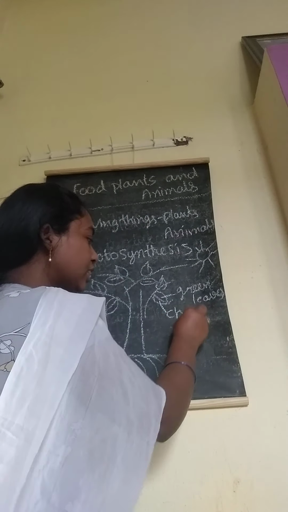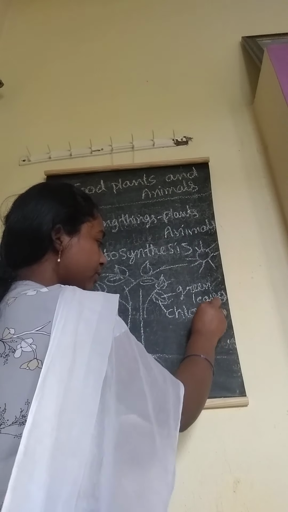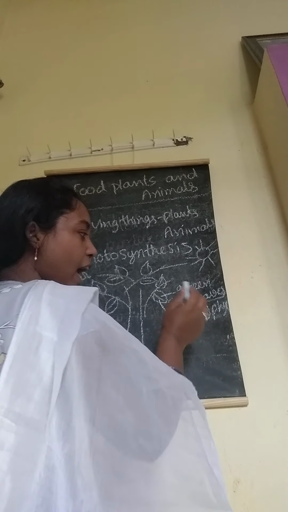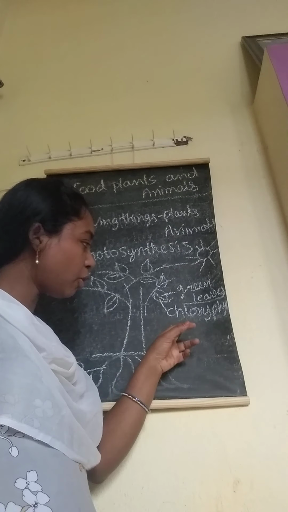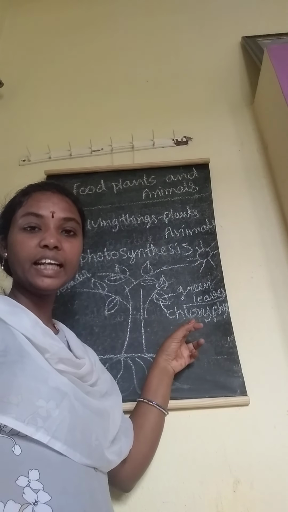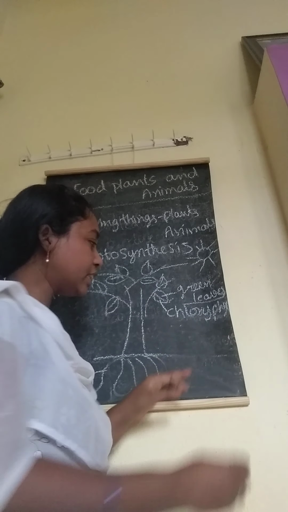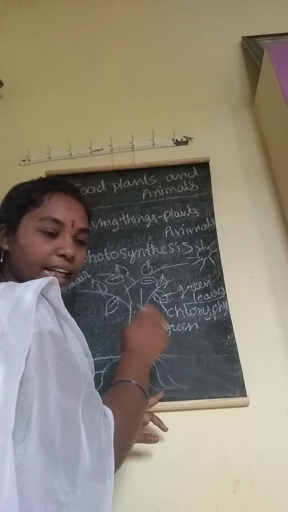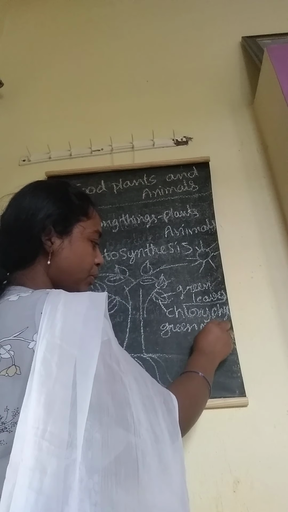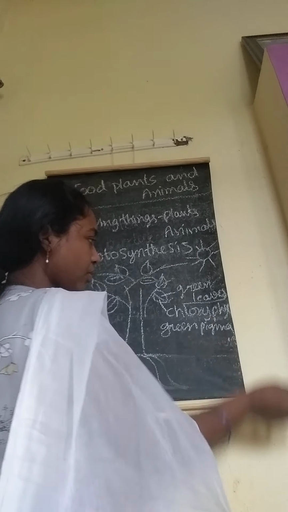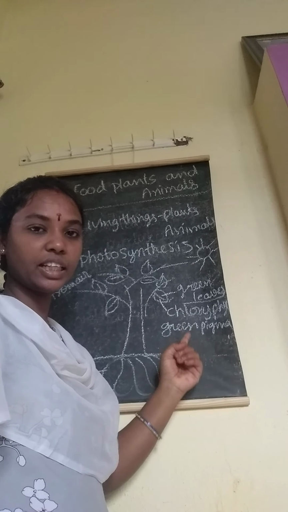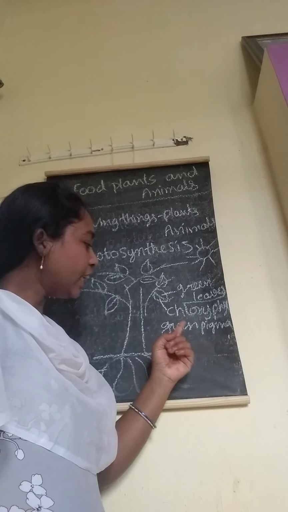Green leaves have chlorophyll. Chlorophyll is a green pigment. That's why leaves are green in color.